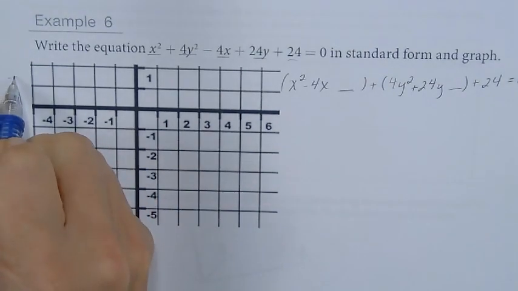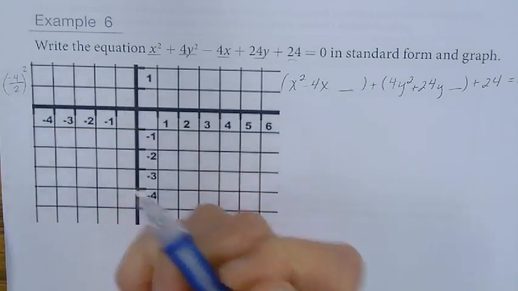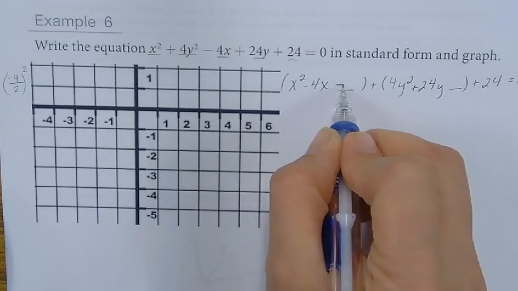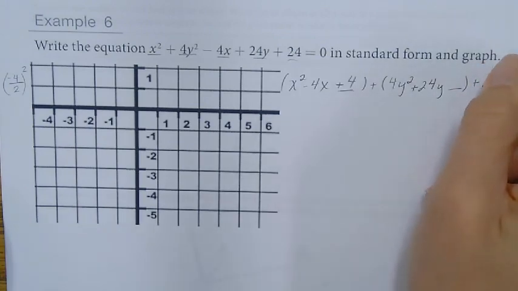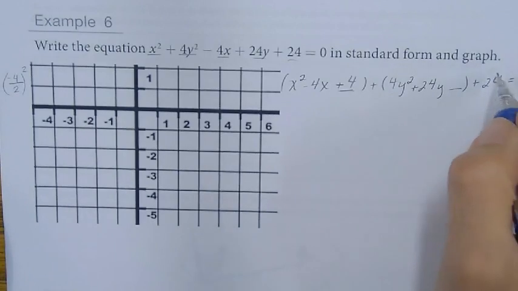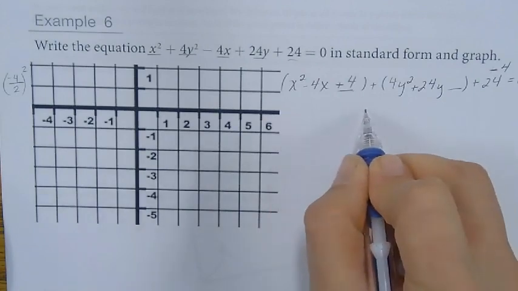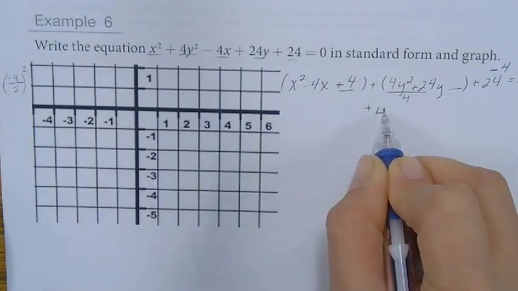Okay, so let's look at the x. It would be -4 divided by 2, squared. So that would be -2. So I'm going to add 4, -2 squared. Oops, that has to be subtraction there. So if we're adding a 4, then we also have to subtract a 4. Here, I need to divide a 4 out of here first.